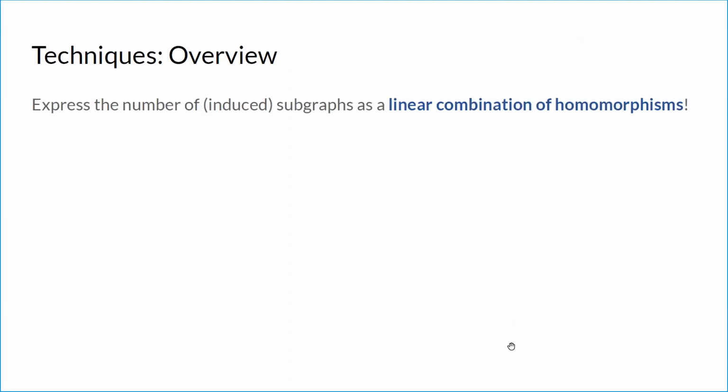Now, let me spend the last part of the talk to give you some overview of our techniques. The most important ingredient for us was to express the number of subgraphs and induced subgraphs as a linear combination of homomorphisms. I will go into more detail about that on the next slide.